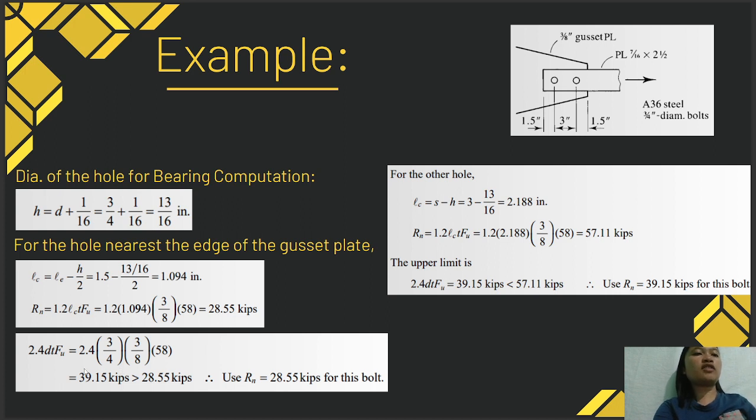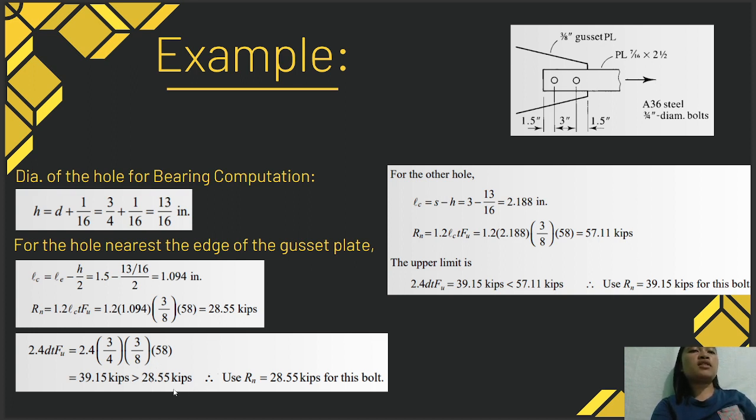And kung unsa ang maximum niya nga value, we have 2.4 dtFu. Ang kaning d mao ni siya ang original diameter sa bolt, t is the thickness, and FU makuha na siya for the A36 steel. So 2.4 times diameter sa bolt, which is 3/4 inches rather, and the thickness, which is 3/8, times the FU, which is 58, we have now 39.15 kips, which is greater than sa ato ang nominal strength nga Rn, which is 28.55 kips.